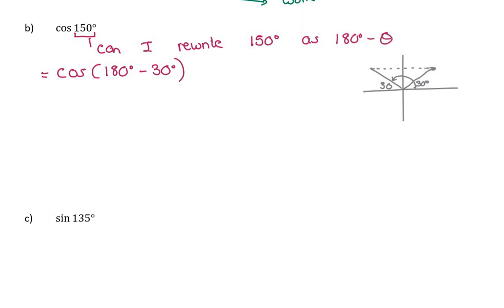I just have to ask myself, is it going to be the positive cousin of cos 30, or is this a negative cousin? So I know, because we're working in quadrant 2, that this is going to be the negative cousin of cos of 30. So I've reduced this down to a ratio of cos of 30. Now again, I should know the value of cos of 30 without a calculator, so this is negative, and cos of 30 is root 3 over 2.